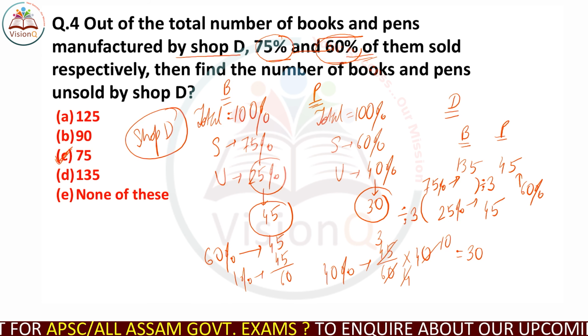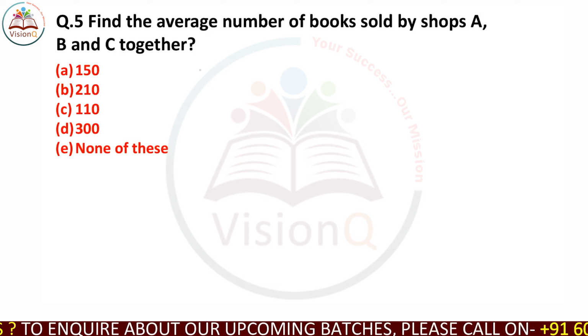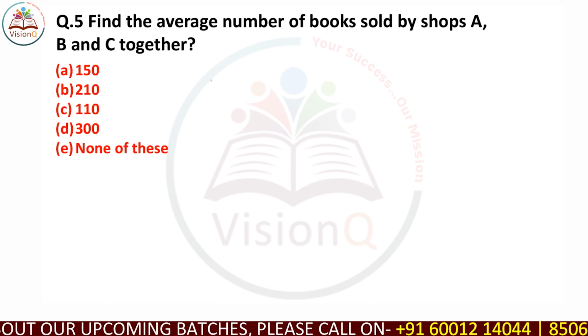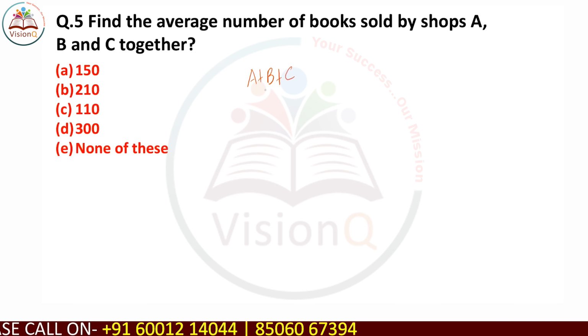So let us see the last question of this set of DI, question number 5. Find the average number of books sold by shops A, B, C together. Average means A plus B plus C divided by 3.